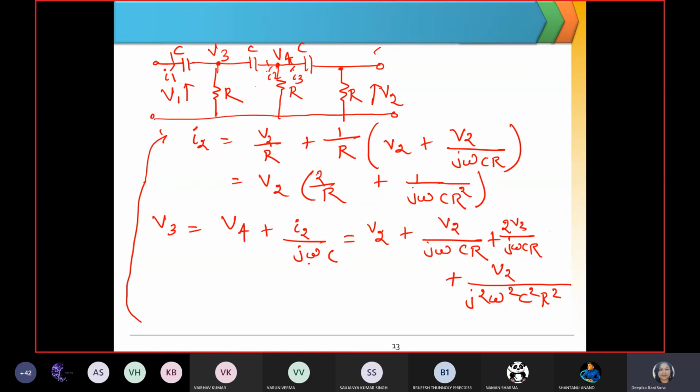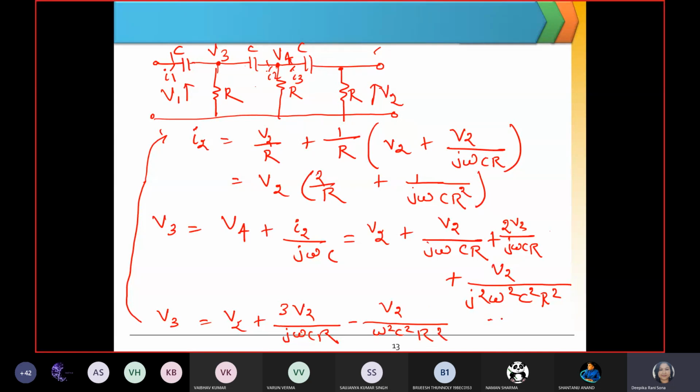So this is the value of V3. If you simplify this, the final V3 can be written as V2 plus 3V2 whole divided by j omega CR minus V2 whole divided by omega square C square R square.